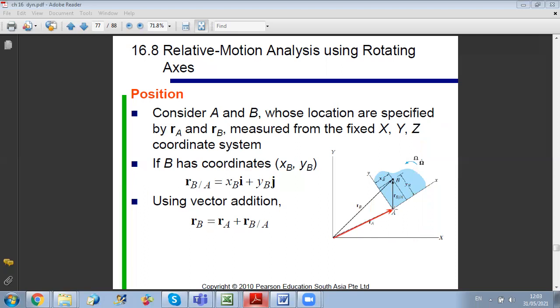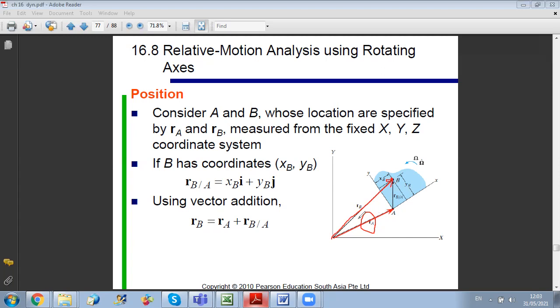So right away you have a fixed and a moving frame. With respect to the fixed frame, point A is characterized by position vector RA. Okay? While if you want to measure the absolute velocity and acceleration of B, you need position vector RB.